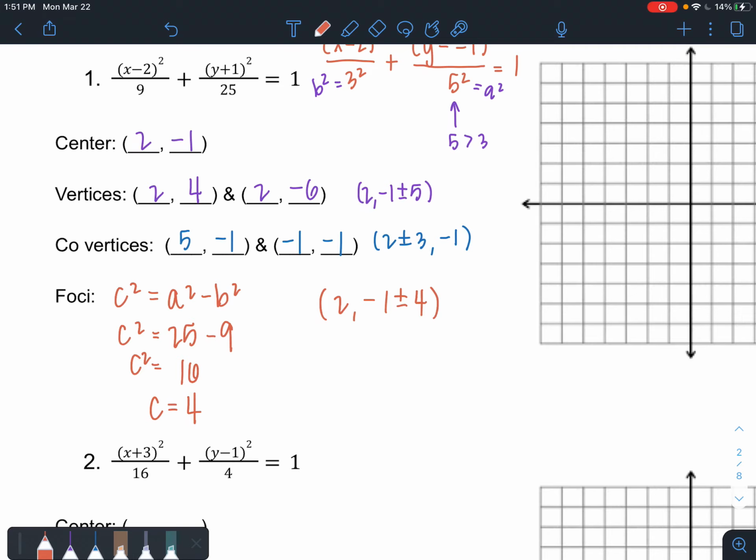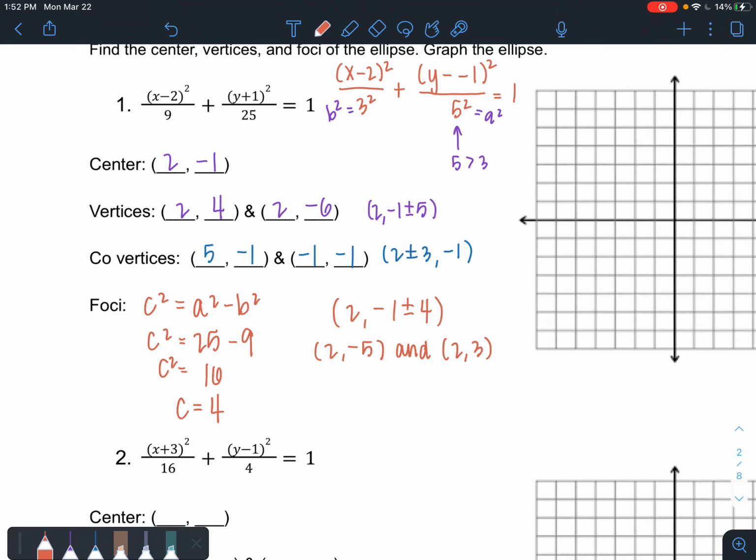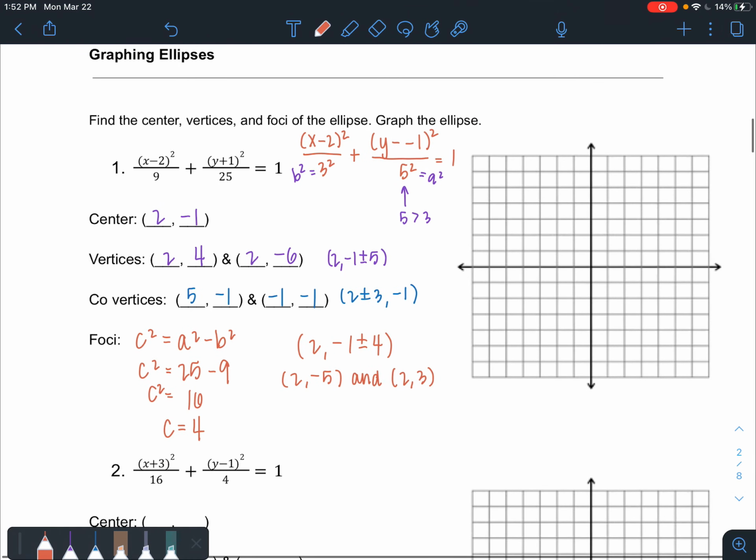So we've got 2, negative 5, and 2, 3. All right, and then we'll plot all those points. So the center, 2, negative 1, 2, 4, and 2, negative 6.